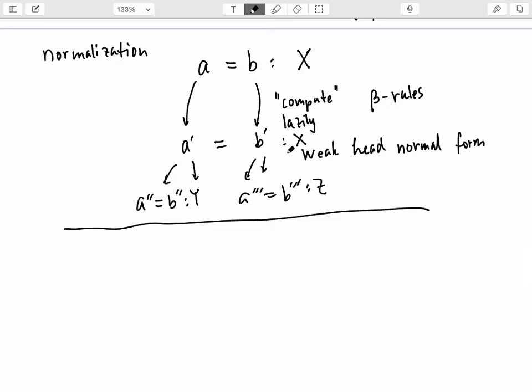Now, because I know in advance that my type theory has undecidable type checking, which means I cannot possibly have a terminating algorithm that will tell me whether a given thing has a given type, I shouldn't be aiming for the impossible. So what should I be aiming for?